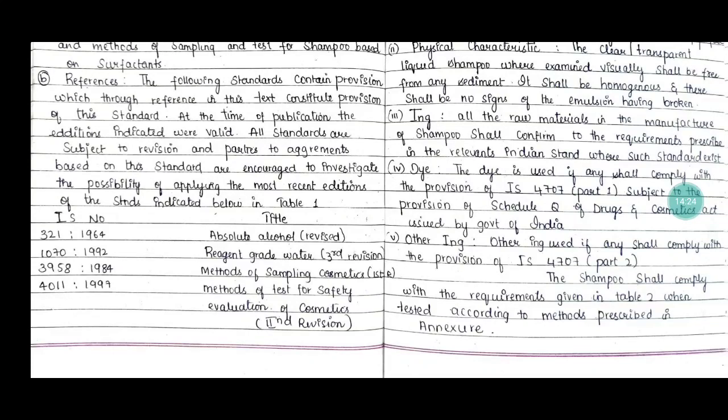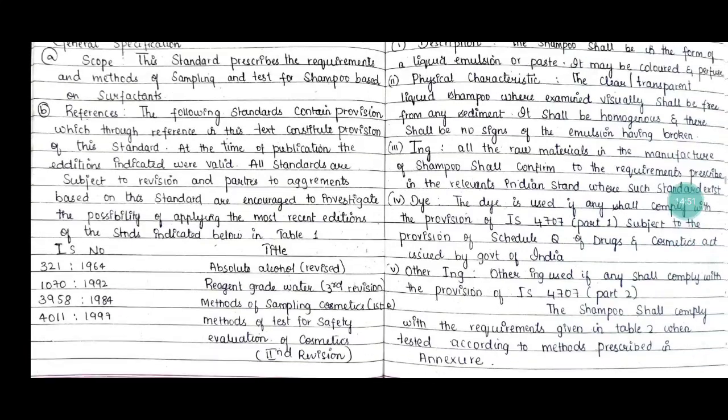IS 321 of 1964, absolute alcohol, revised; IS 1070 of 1992, reagent grade water, third revision; IS 3958 of 1984, method for the sampling of cosmetics, first revision; and IS 4011 of 1997, methods of test for safety evaluation of cosmetics, second revision.